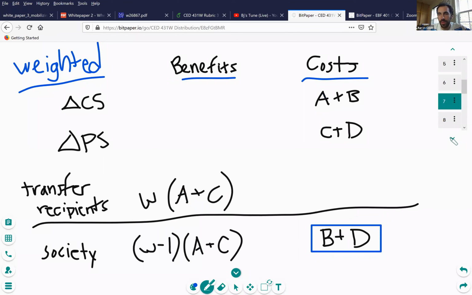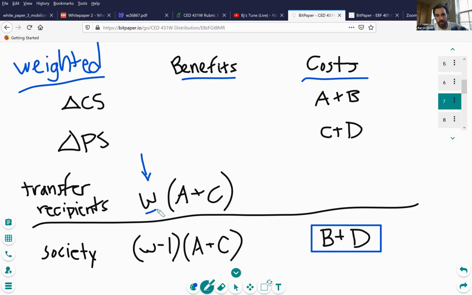Now, in the case where we might value for its own sake a transfer of resources from one group to another, there's this weighting parameter W, which wasn't there before, because we were implicitly weighting all groups as being identical.